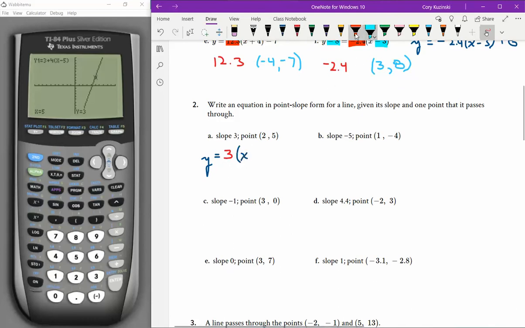We're going to do the opposite of this value right here. And then we're going to do plus 5. And that is point slope form. Okay, again, y equals negative 5 times x minus 1 minus the 4.